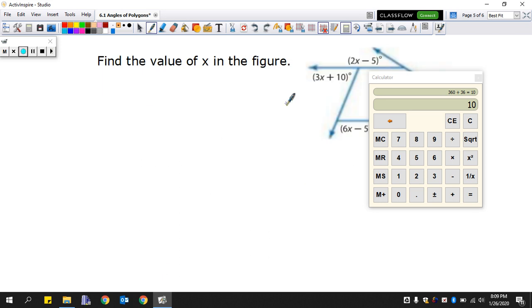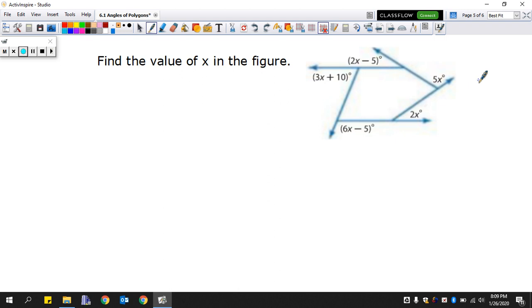All right. It says find the value of x in the figure. So we know that these are talking about the exterior angles, and we know all the exterior angles add up to 360. So we're just going to add all these together. So we start at the top again. 2x minus 5 plus 3x plus 10.